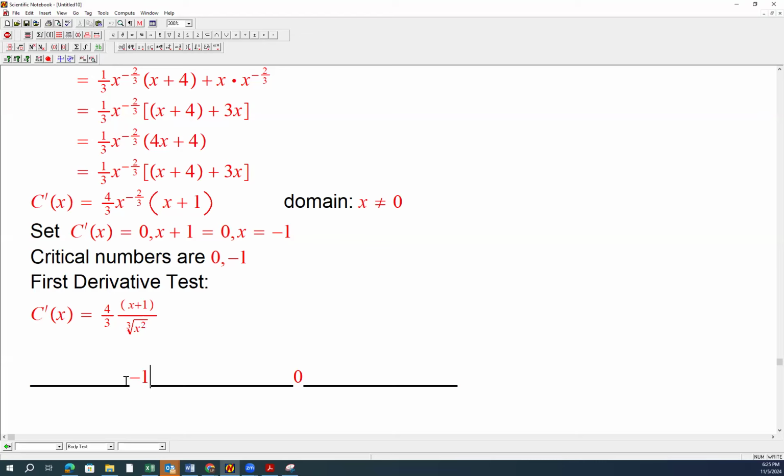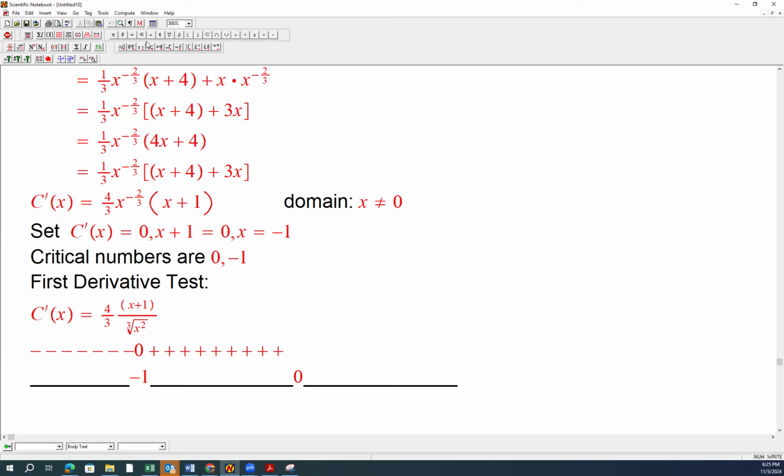When x is less than -1, the denominator is always positive, 4/3 is positive for sure, so the derivative will be negative. At -1, it's 0. And more than -1, that's going to be positive.